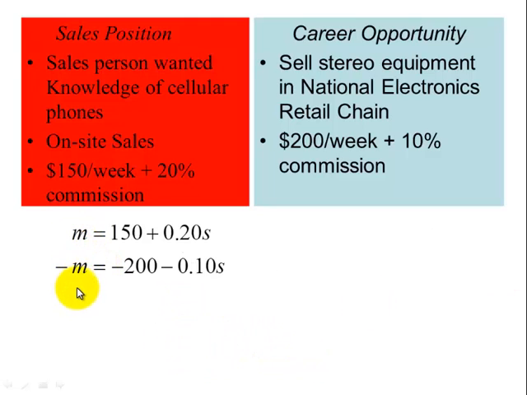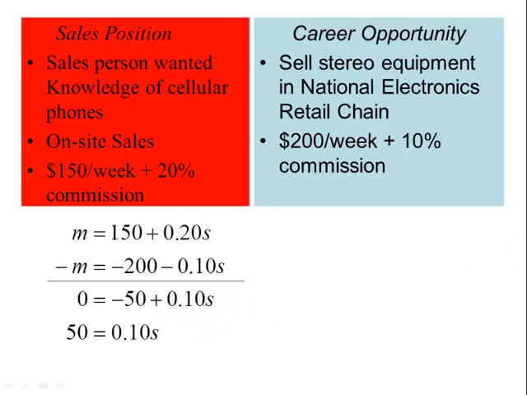So M minus M is 0. 150 plus -200 is -50, and 0.20 S minus 0.10 S is positive 0.10 S. Add 50 to both sides and divide by 0.10. We have S equals 500.